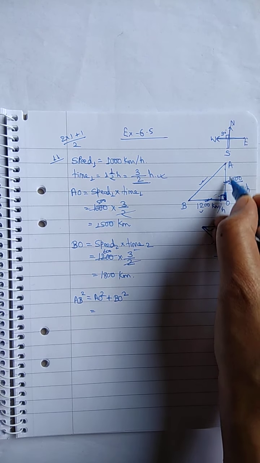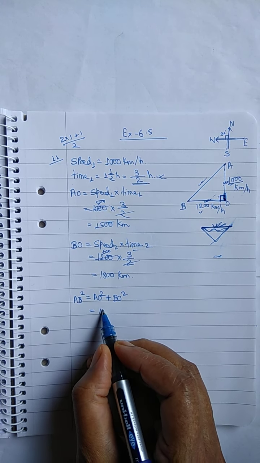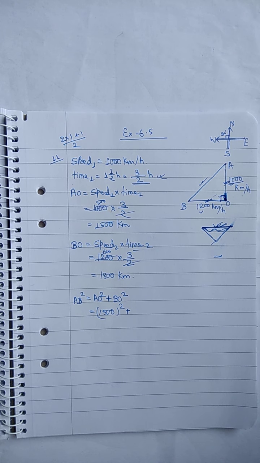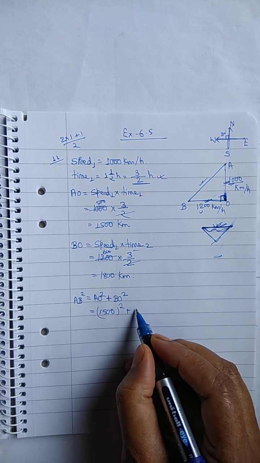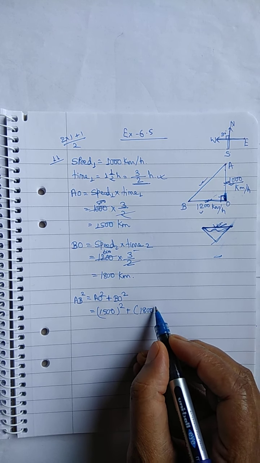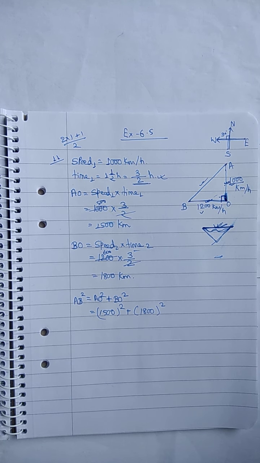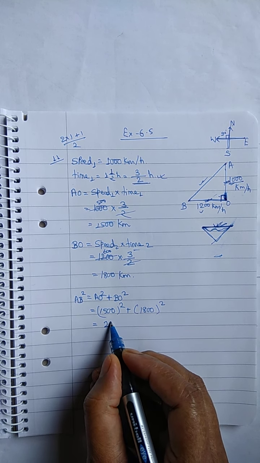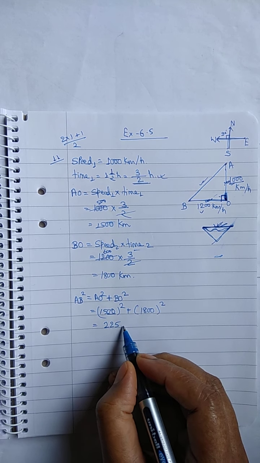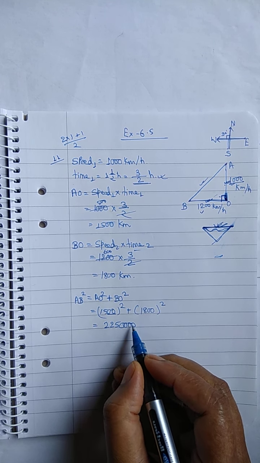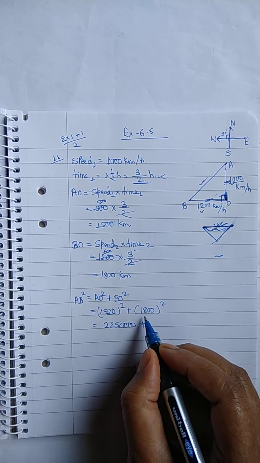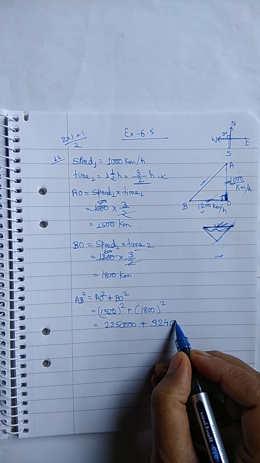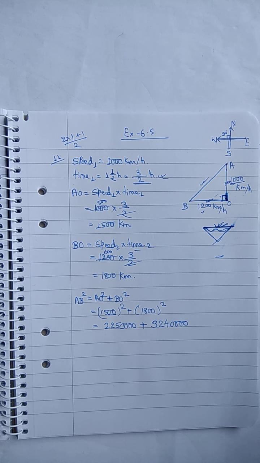What is AO square? AO square equals 1500 square, and BO square equals 1800 square. So 15 square is 225, and then 4 times 0. 100 square is 4 times 0, plus 18 square. 18 square is 324, and then again 4 times 0.